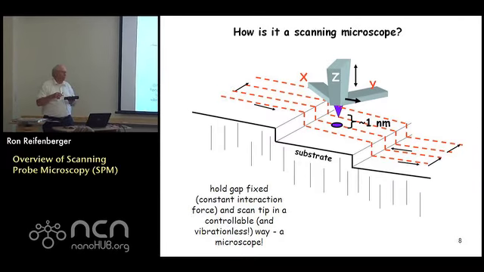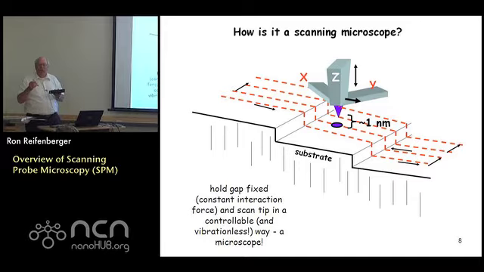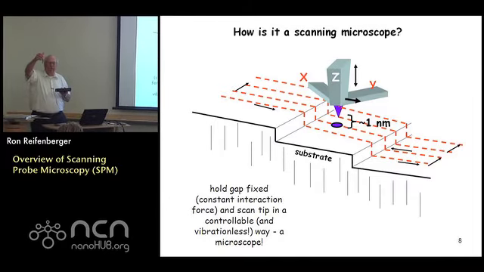Now, some of you are probably saying, well, how good can that be? Because clearly the tip has to be very sharp, right? If you have a very blunt tip and you're scanning a very small object, you're going to have a distorted image, and the image is going to be distorted by the radius of the tip.